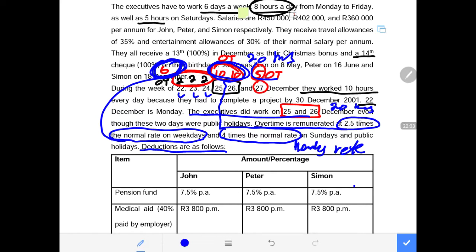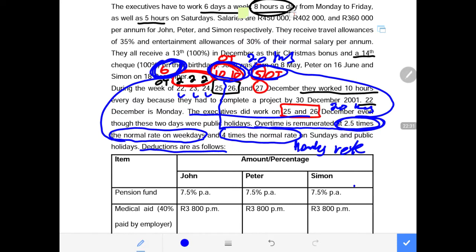Please also highlight, I almost forgot, that the 2.5 times also refers to the 5 hours, because the 5 hours is not paid a separate rate, it is just normal overtime. Employees, when they work overtime except on a public holiday, get paid 2.5 times the normal rate.